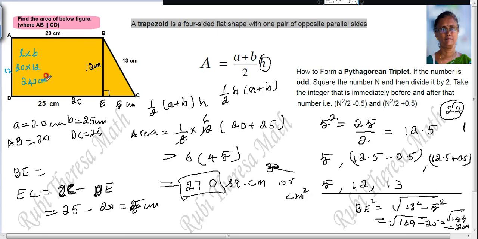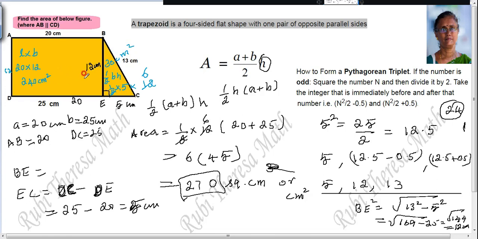Next, area of a triangle. Area of the triangle is nothing but half BH, because this is a right angled triangle, isn't it? So half into base into height. What is base? 5. What is height? 12. So half of 12 is 6, and 6 5s are 30 centimeter square.